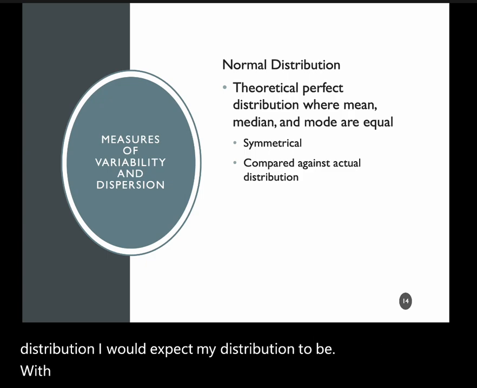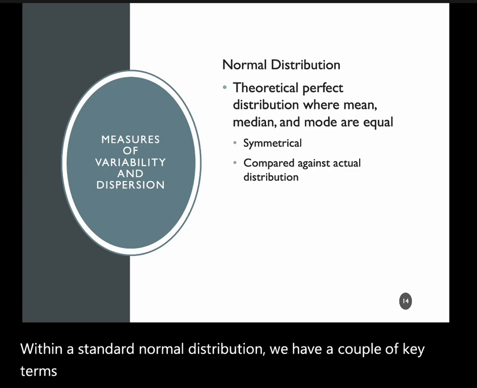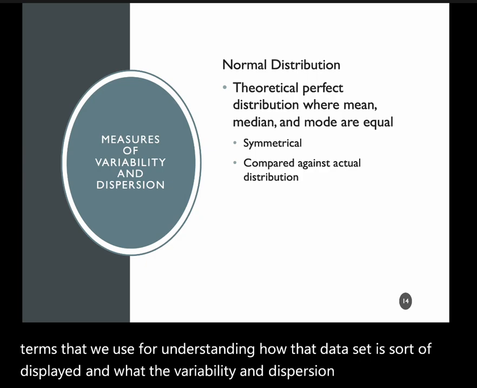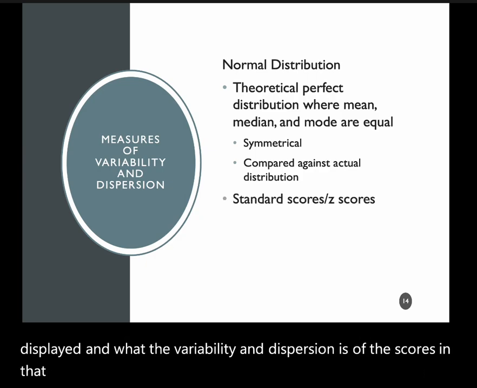Within a standard normal distribution, we have a couple of key terms that we use for understanding how that data set is displayed and what the variability and dispersion is of the scores in that data set. And those are standard scores or z-scores.